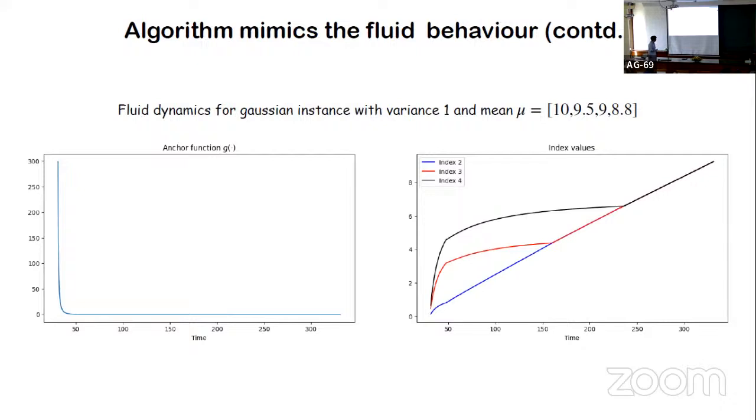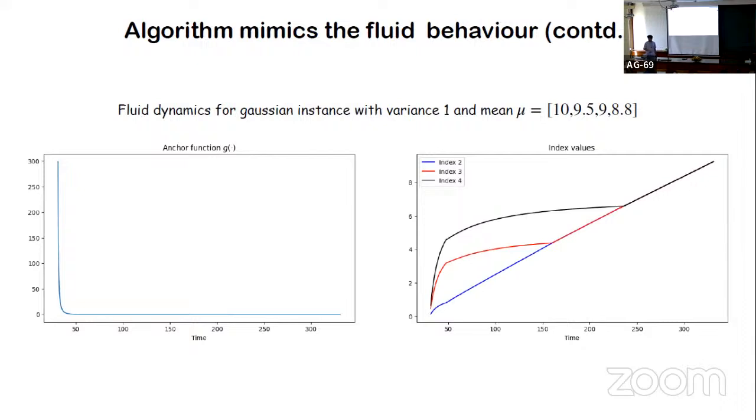Once the anchor function became 0, it stayed at this level. Because it is pulling just the first arm initially, all the indexes are increasing, and after that there is a separation between the indexes, and all the indexes eventually become equal after some time. From this time onward, the algorithm simply follows the optimal proportion.